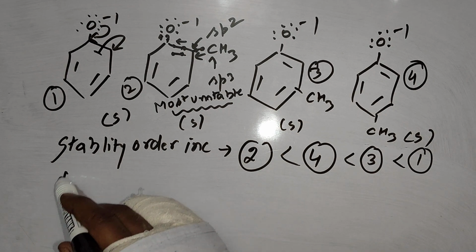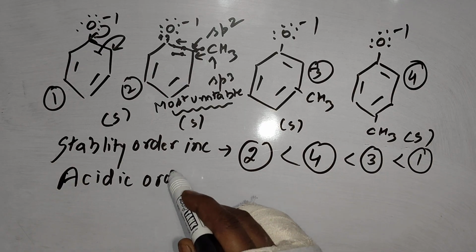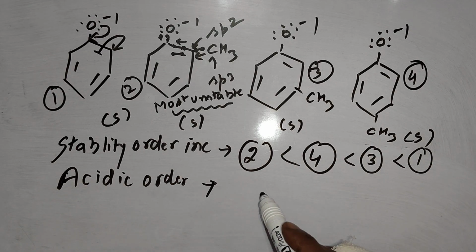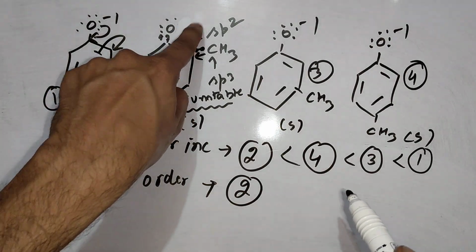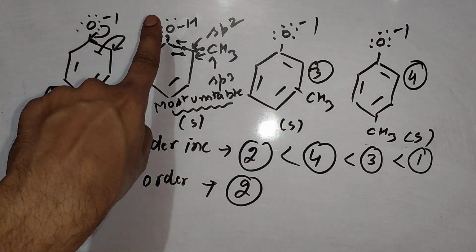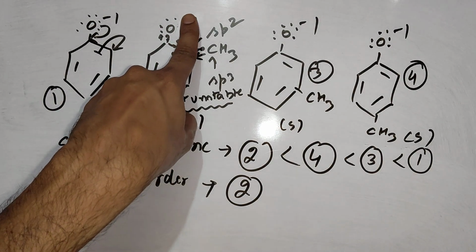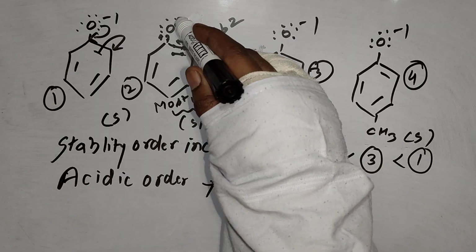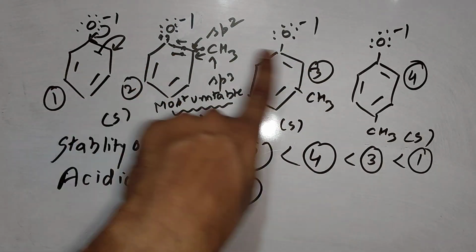So what will be the acidic order? Already discussed many a time. The second molecule, this molecule, ortho-cresol, knows that after release of H positive, a most unstable anion will be generated among these four.